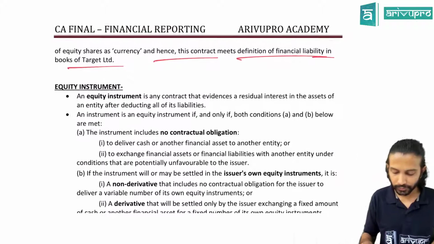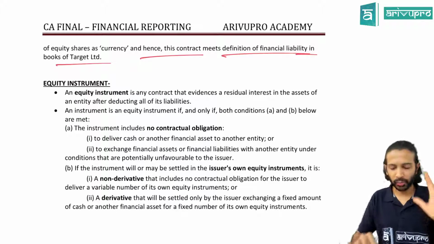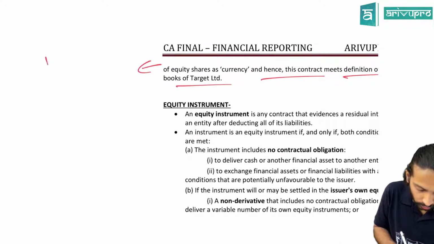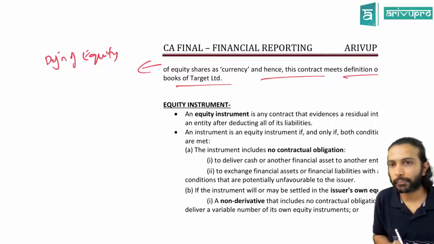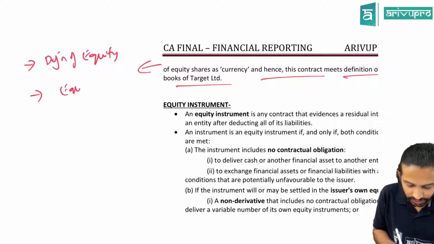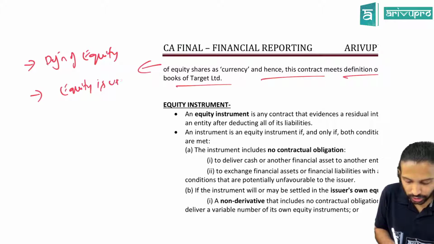Underline that. In fact, you need not write all that stuff. How will you answer, just to be sure? In the first para, you will call out the definition of equity, which we're going to study in some time. Then you will say here equity is used as currency. That point you will bring in.